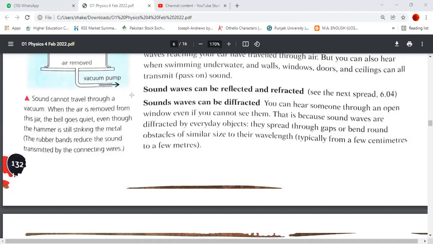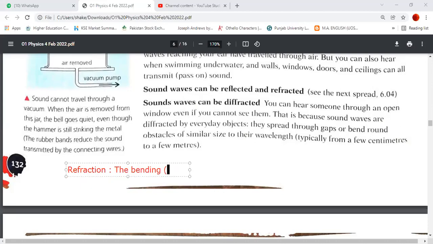What is meant by refraction? You will be studying this concept in the next chapters and topics, but let me tell you that refraction is the bending of a wave, the changing of its path.